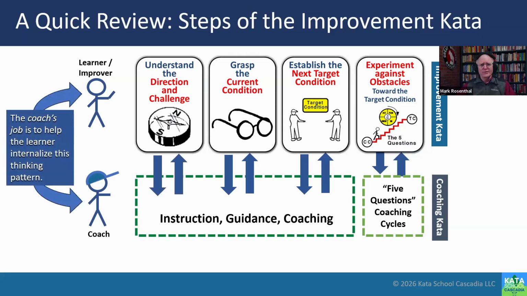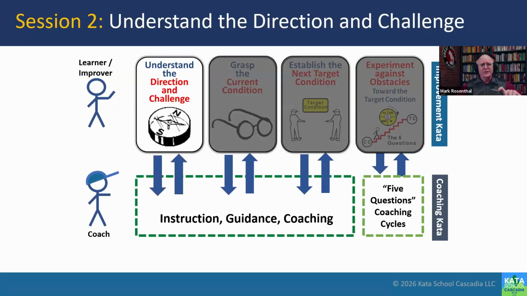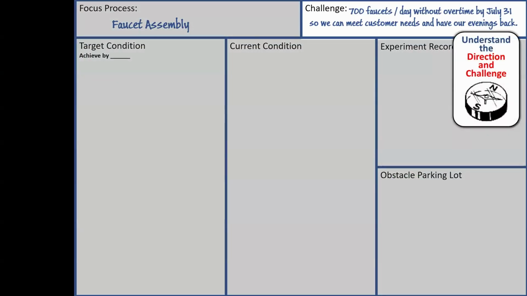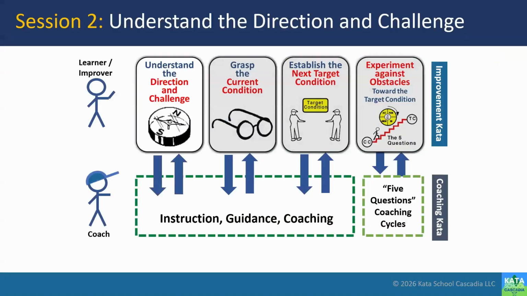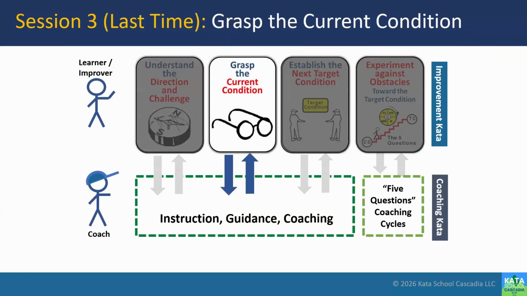The goal for the whole process is for the learner to embed that thinking pattern in ideally the way they do everything. In our first session, Understand the Direction or Challenge, we set up on the storyboard, the upper right-hand corner, what is going on, what are we trying to get done. The next session was grasping the current condition, and that was last time.